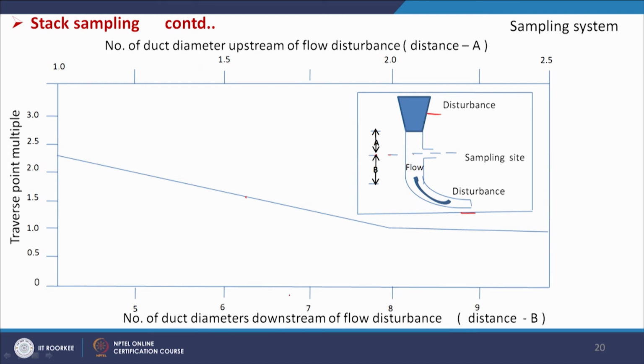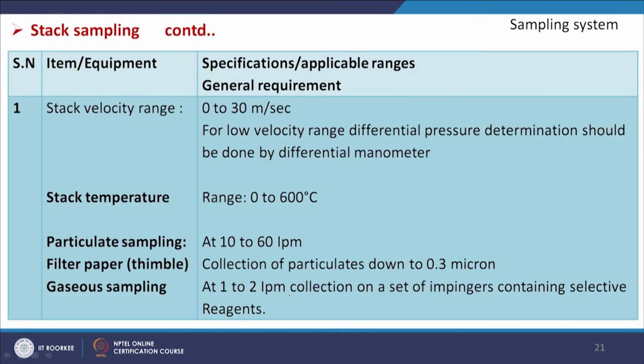Accordingly we can calculate. There are some conditions which are also maintained for stack sampling, like stack velocity range. The stack velocity is 0 to 30 meter per second, and for the low velocity range, differential pressure determination should be done by differential manometer. Stack temperature may be 0 to 600 degree centigrade.